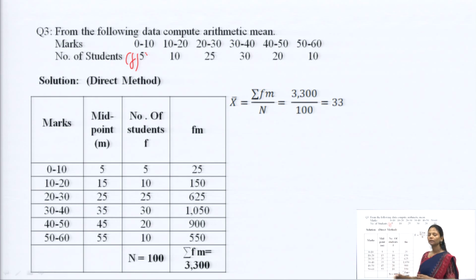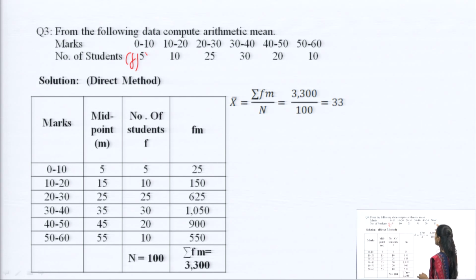5 students obtained marks which lie between the class interval 0 to 10. 10 students obtained marks between 10 to 20. 25 students obtained marks between 20 to 30. 30 students obtained marks between 30 to 40. 20 students obtained marks between 40 to 50, and there are 10 students whose marks lie between 50 to 60.